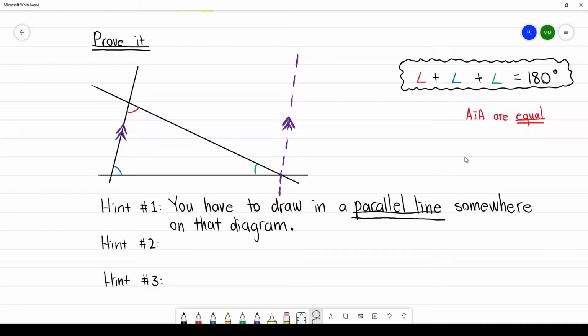So actually, I just gave you another hint. You don't need corresponding angles. All you need are alternate interior angles here.